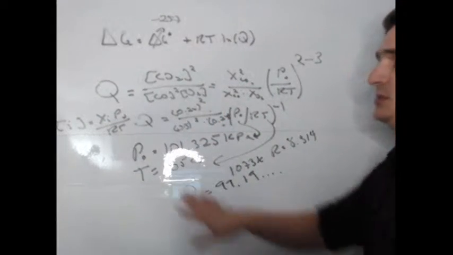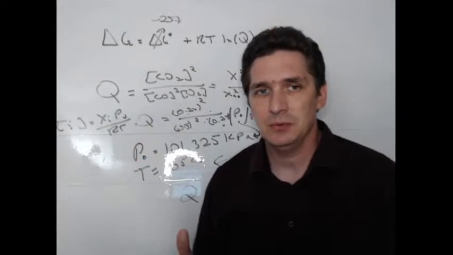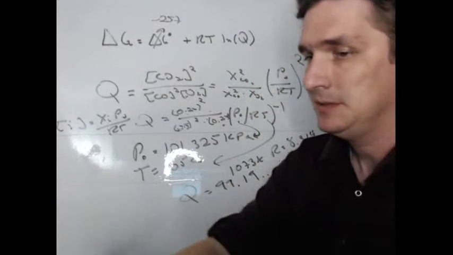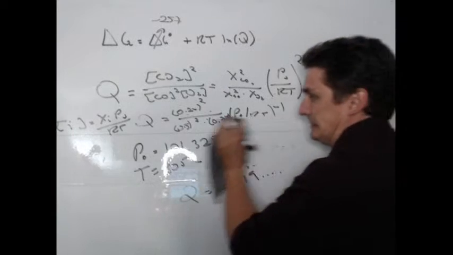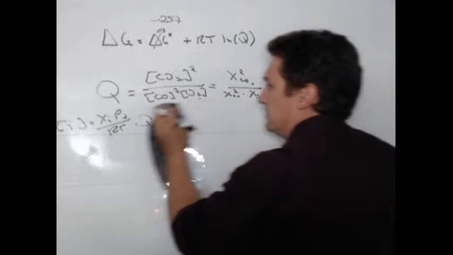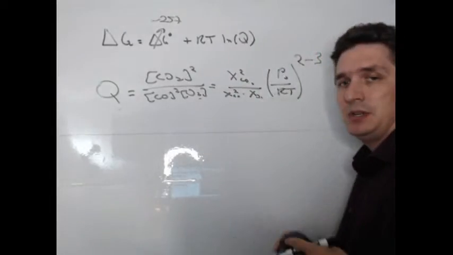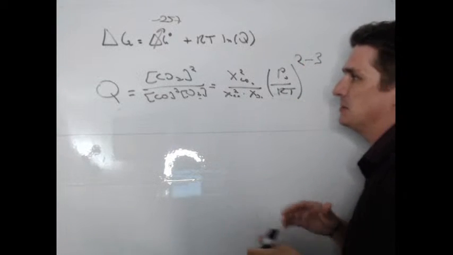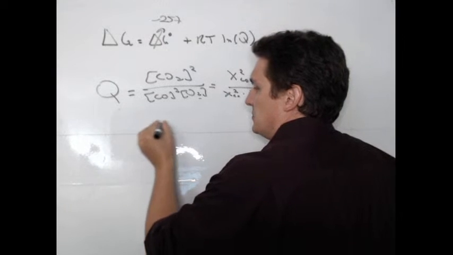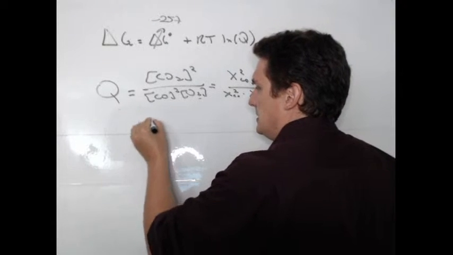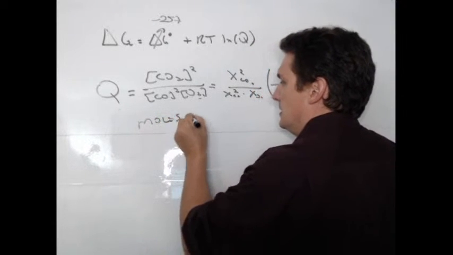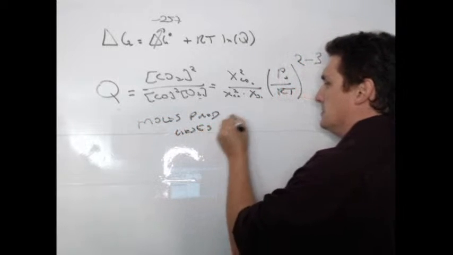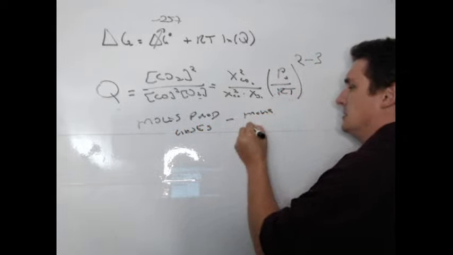For any equilibrium expression, this is kind of a shortcut. I know there's a lot going on here. We talked earlier about how to do the pressure dependence, and I think it's in the notes. If you want to know the pressure dependence, it's moles of product gases minus moles of reactant gases.